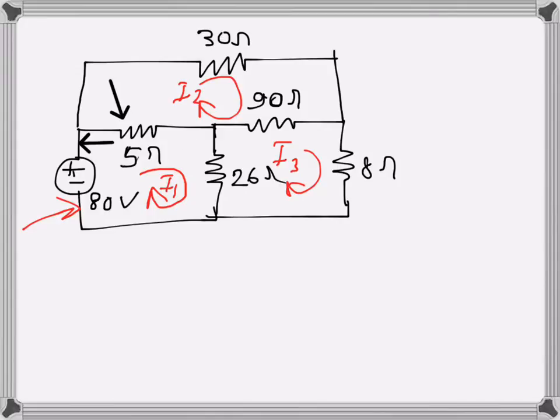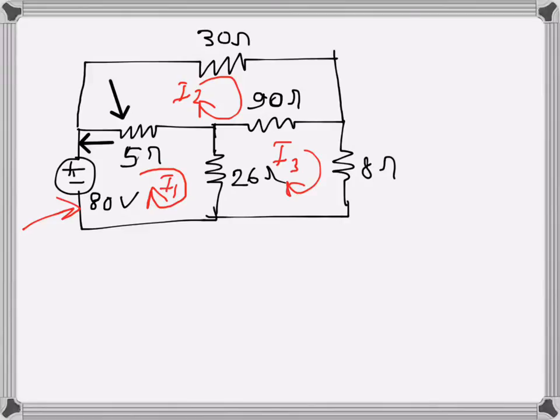Each of the mesh currents has a direction as well. We will write Kirchhoff's voltage equation for each of the meshes, and for each of the branches we will assign the current according to whatever the current will be through that branch, I1 minus I2 or I2 minus I1.